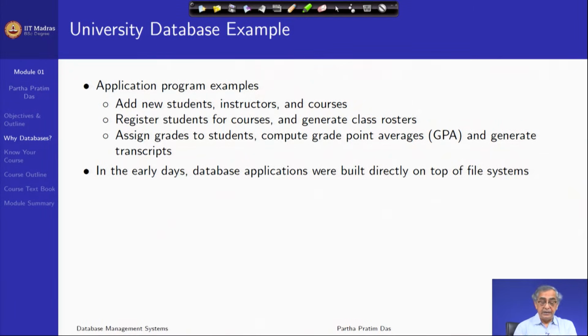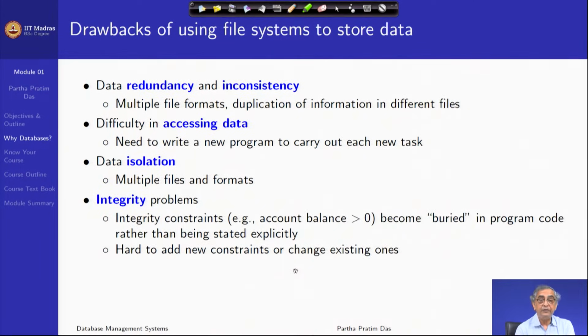Naturally, in earlier days, these database applications were built directly on top of the file system. You all know by now that a computer system always has a file system. If you are working on Windows, what you get to see through Windows Explorer, or if you are working on Linux, what you get to see through the hierarchy of directories is a view of the file system.